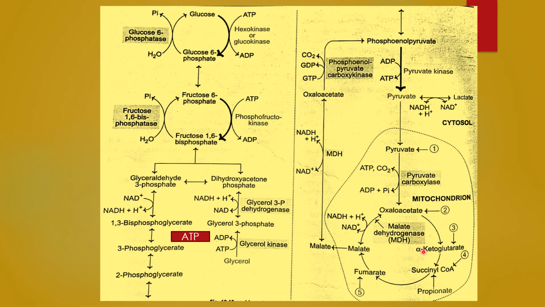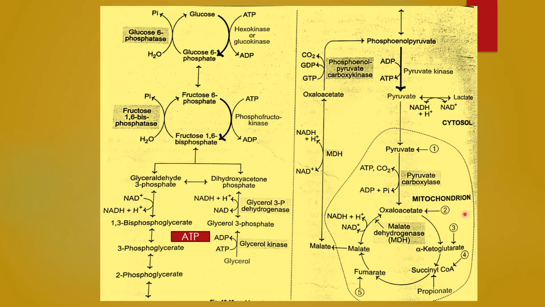The major substrates we keep in account: one is pyruvate, one is lactate. If there are anaerobic conditions, then instead of pyruvate, lactate is the major end product of glycolysis, and that is also involved in gluconeogenesis.